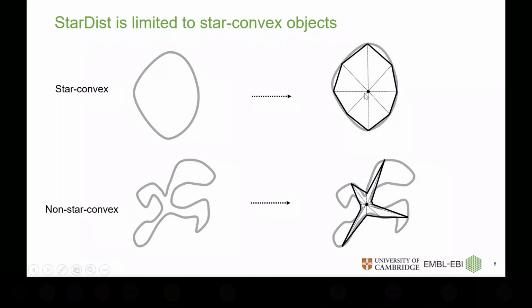From this point inside, it's very much possible to reach the points on the contour without getting out of the object. But for a shape like this, which does not contain any point inside itself that would satisfy this star-convex requirement, StarDist would fail to get a good shape approximation. That is very much as expected. So StarDist remains bounded by this particular restriction that the objects in the input images need to have a star-convex shape.